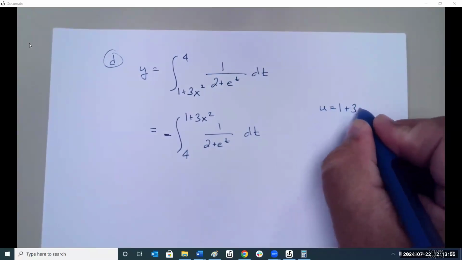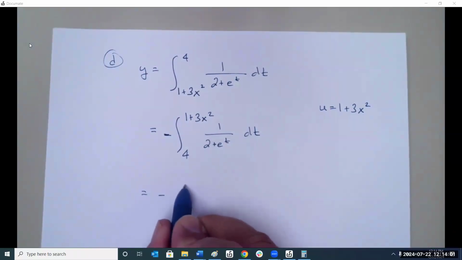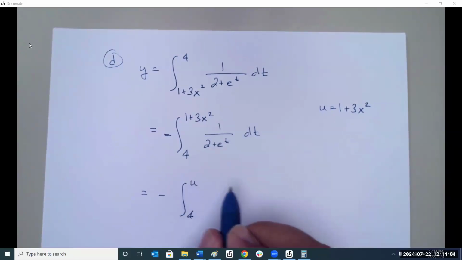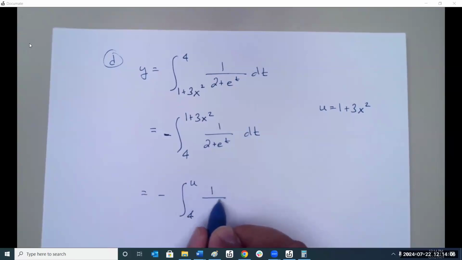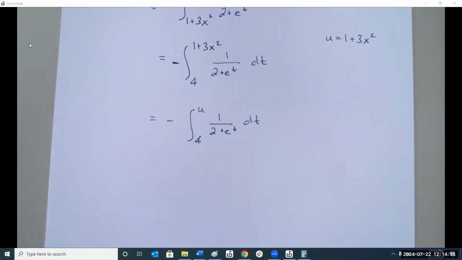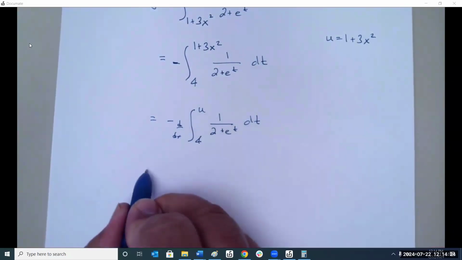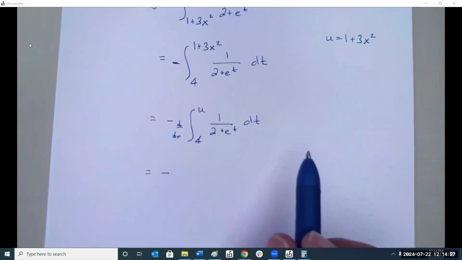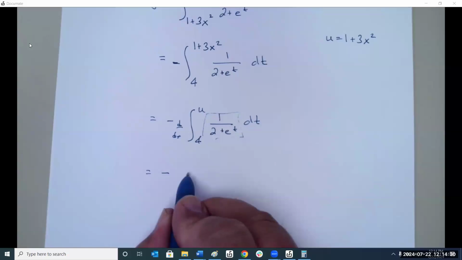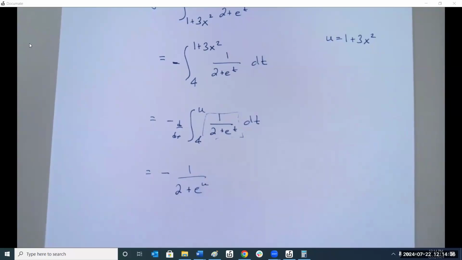U is 1 plus 3x squared. So when we take the derivative of it, we get negative, leaving this one as 1 over 2 plus e to the u.